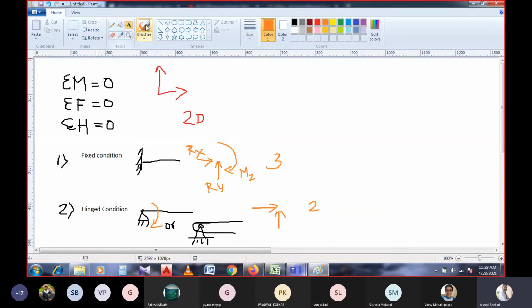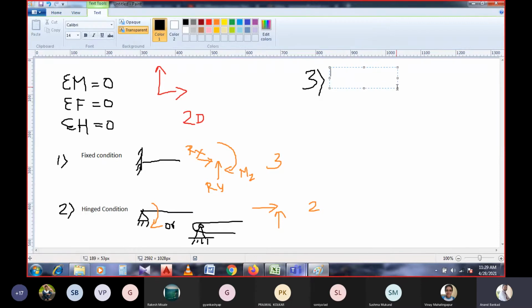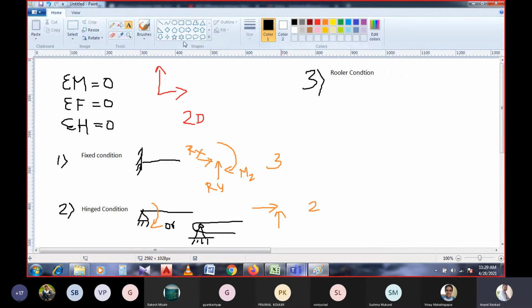Similarly, if you have a third one, we can take the support condition as roller condition. So for this roller condition, what are the particular reactions that are restrained and released?